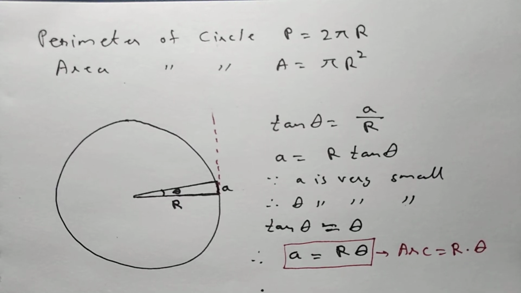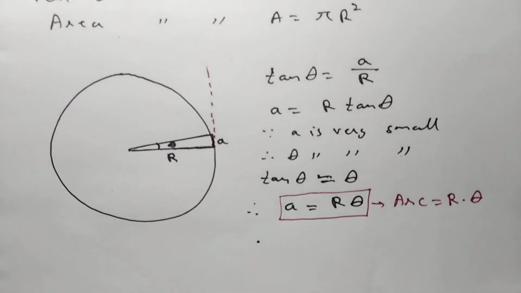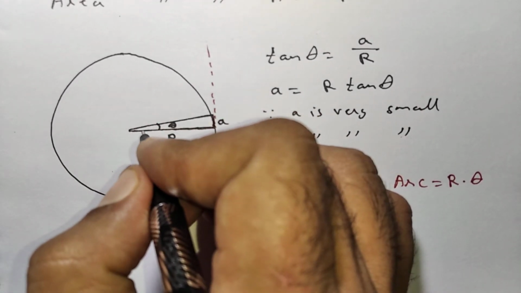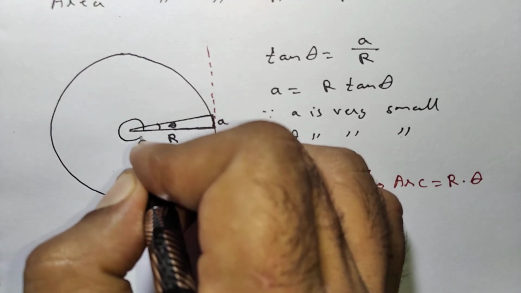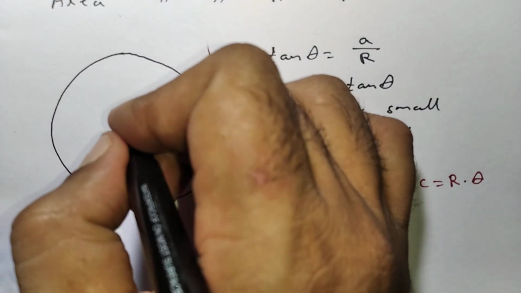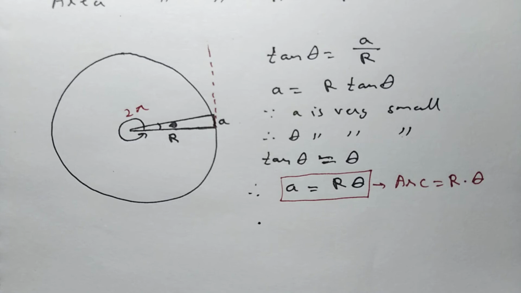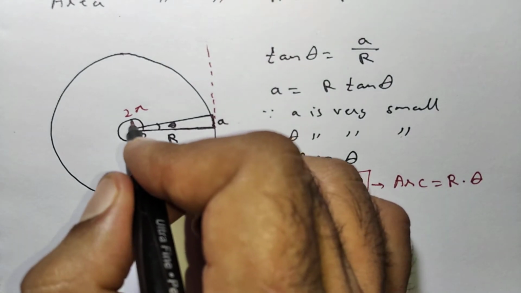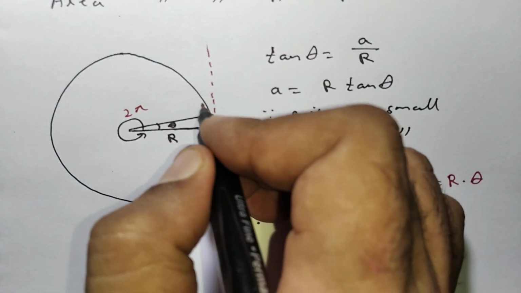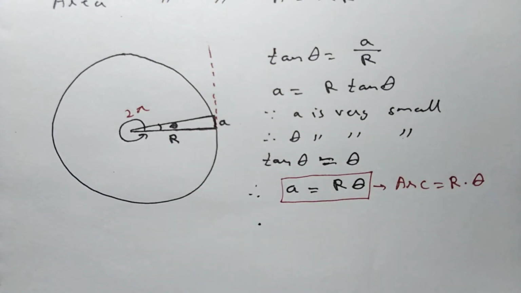Now another thing we know, the whole angle made by the circle is 2 pi radian, and if we take this whole as 2 pi, then we will get the whole perimeter of the circle.